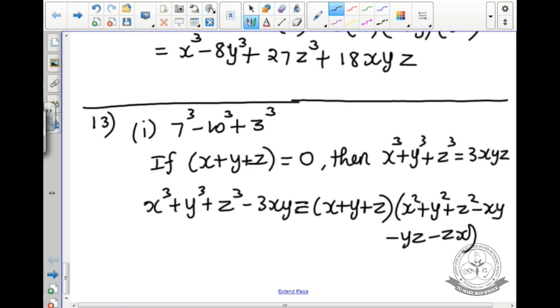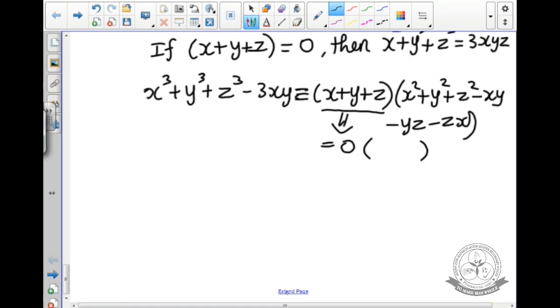How do we get the answer? In this, x plus y plus z is equal to 0. So 0 into any term, what will you get? It is equal to 0.